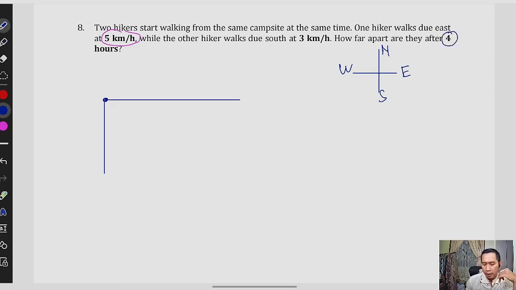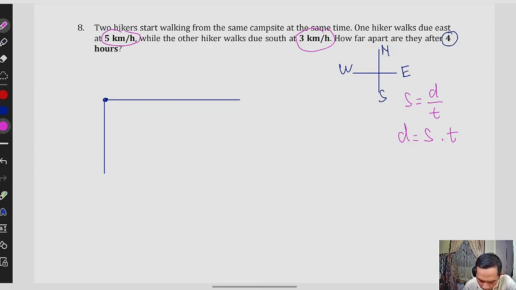Now we have the time, we have the speed. If you remember, the speed formula is speed equals distance over time. So if you want to find distance, you multiply speed by time. In here, we have the speed and the time, so we simply multiply them together to get the distance.